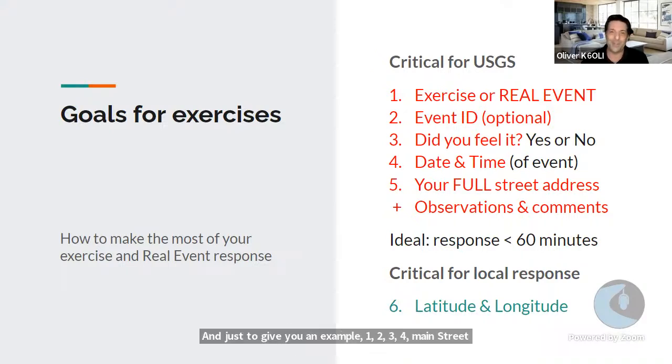So please do include your street address, your town, your state, and bonus points if you add your zip code, right? So I would definitely include all of that. If they did have a latitude, longitude, they use that in addition to that, but please, your full street address should be on everything. And then, of course, any observations and comments.